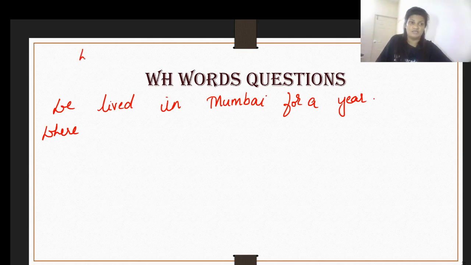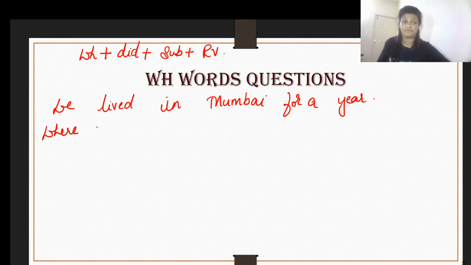Soon after the WH word, we bring in did and then the subject and then the root verb. That's the structure. So where did, after did, you are going to bring in the subject. And what's the subject? Where did we? And then the root verb of this verb is live.